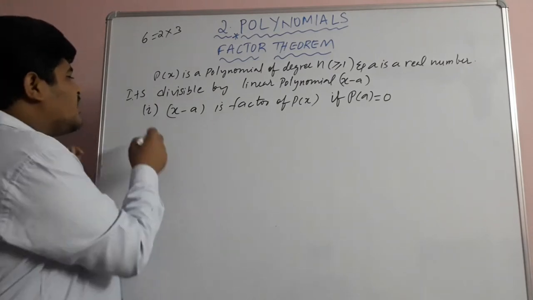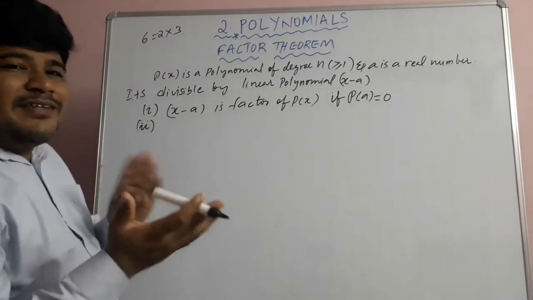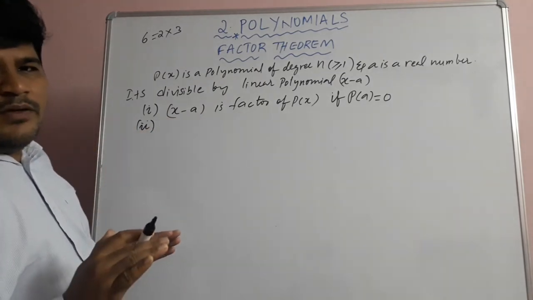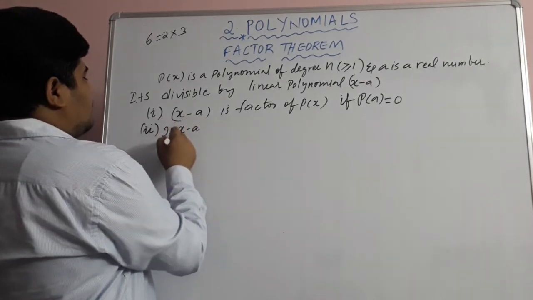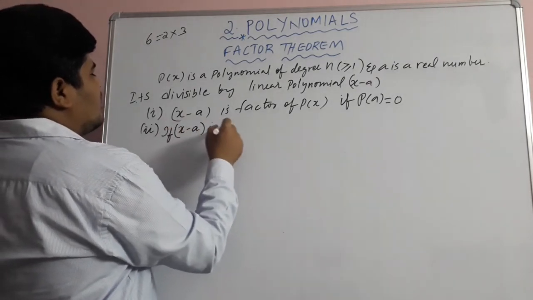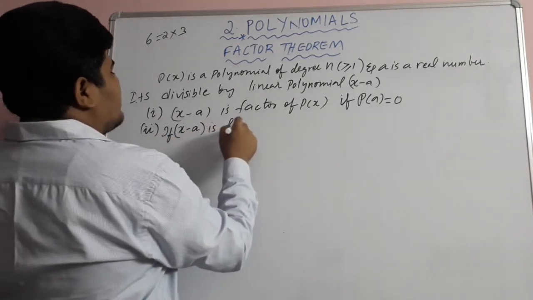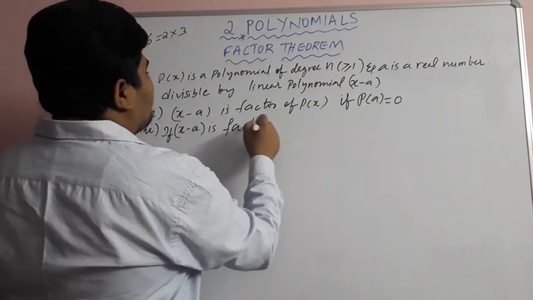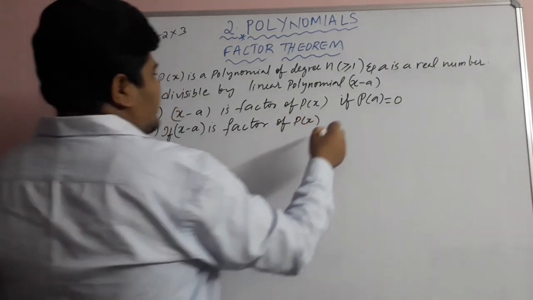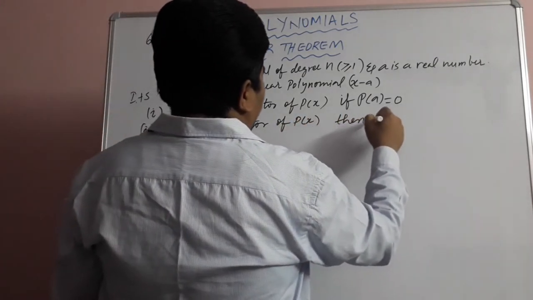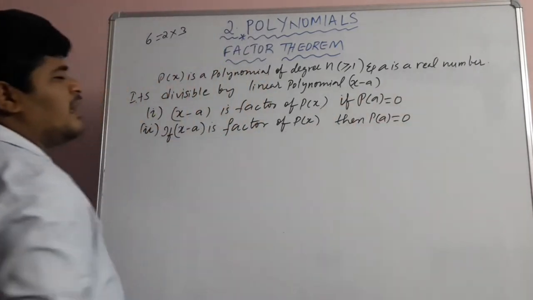The second statement is its converse, meaning the reverse statement: if x minus a is a factor of P of x, then P of a is equal to 0, that is, the remainder P of a is 0.